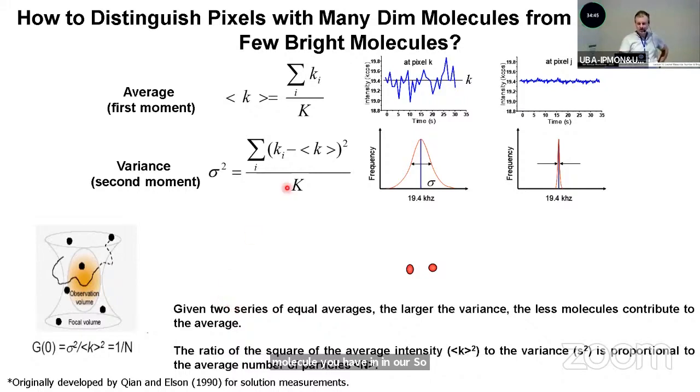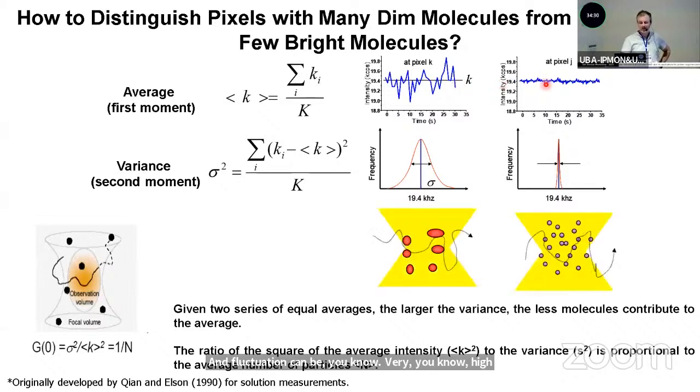So Michelle introduced us that if you have a point and you measure this point over time, you will see fluctuations, right? And fluctuations can be very high or very small, depending on whether you have a very large amount of molecules passing through the volume, or many more molecules but alone in the same volume.